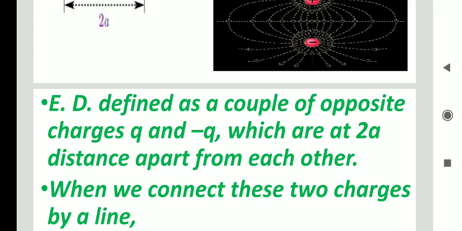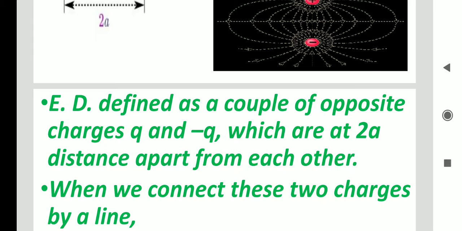An electric dipole is defined as a couple of opposite charges, a positive charge and a negative charge, which are at a distance apart from each other.